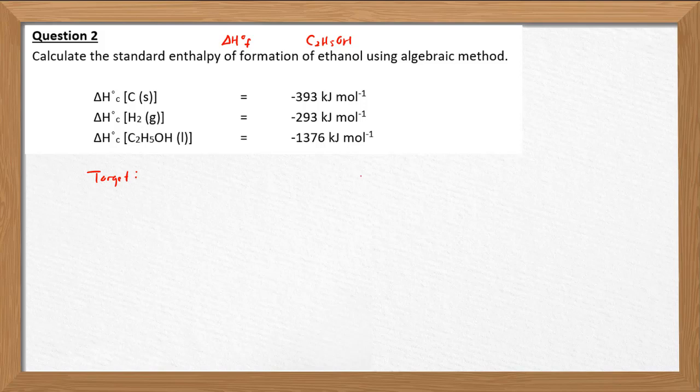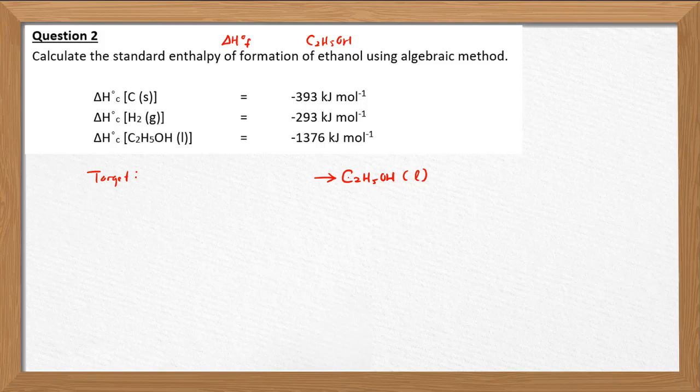So the enthalpy of formation, by its definition, says that 1 mole of the compound is formed. In this case, our compound is ethanol, so keep ethanol as 1 mole. In this formula, you can see carbon, hydrogen, oxygen, so that means the elements must be carbon, hydrogen, and oxygen.